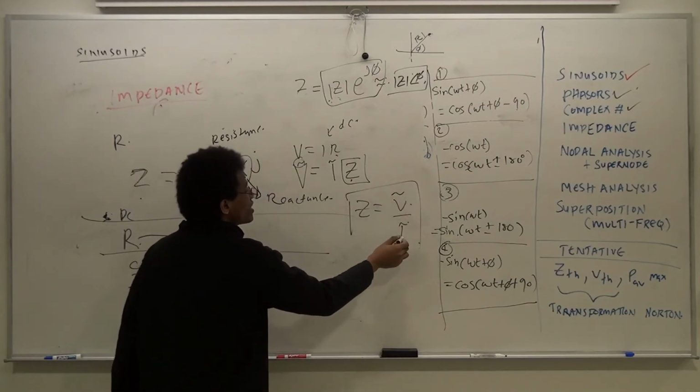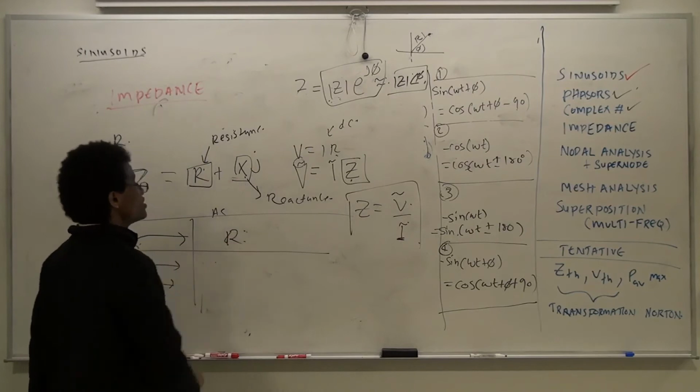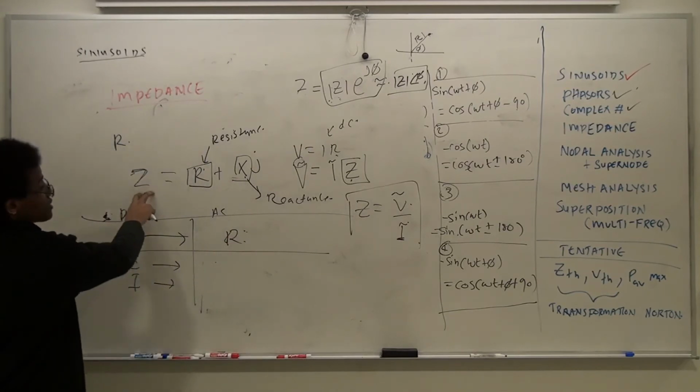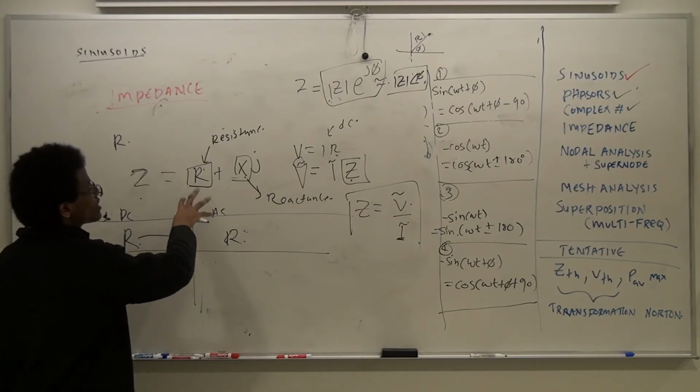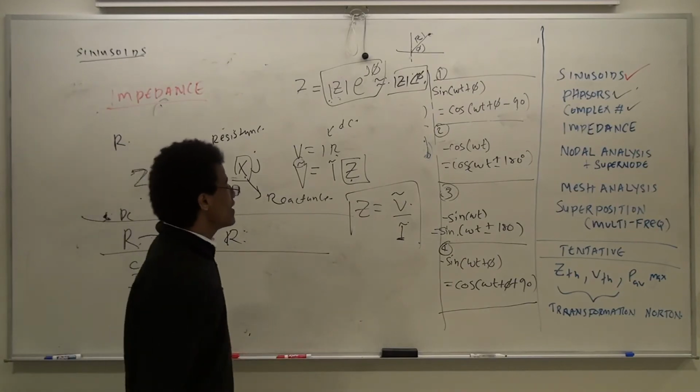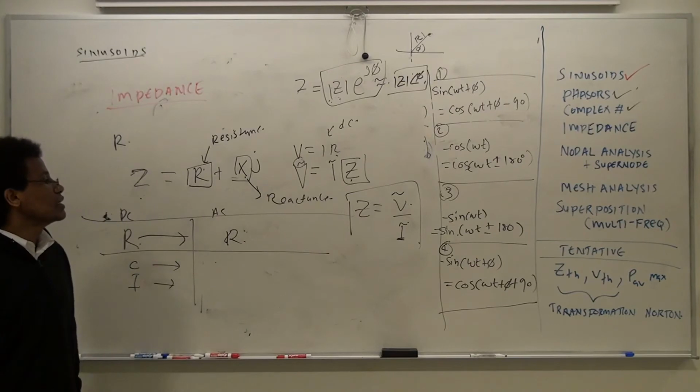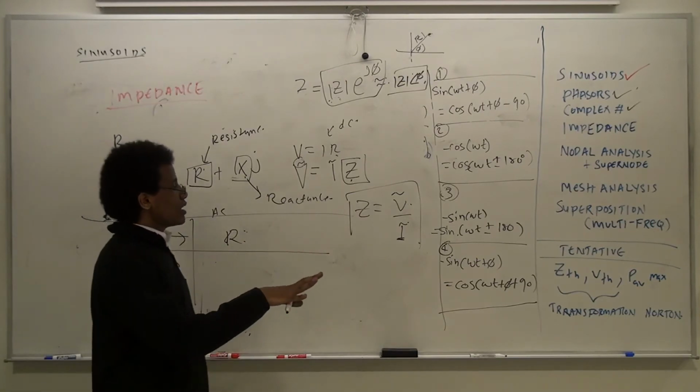It's the voltage divided by the current in the AC domain. That's what impedance is. It's what impedes the circuit, or damps the circuit. It has a real component and an imaginary component.